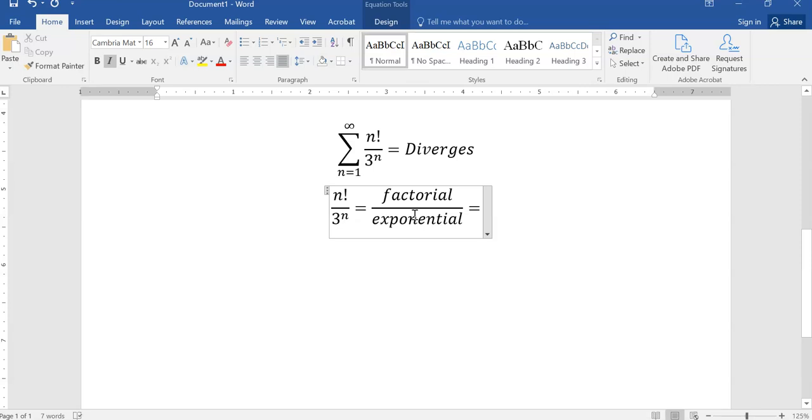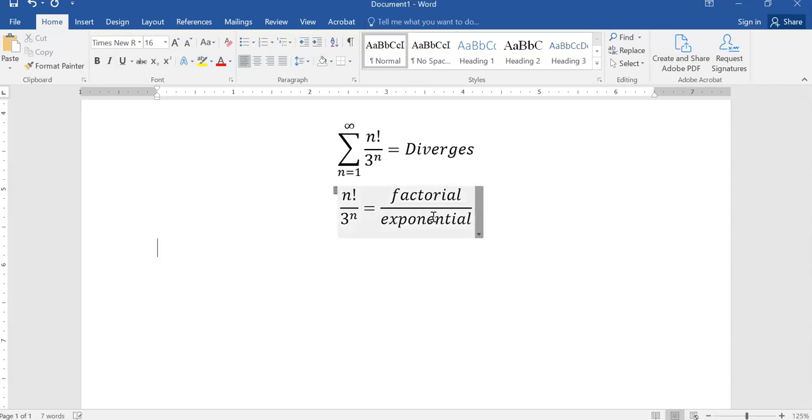What that means is as n gets really, really big, this top growth is going to be growing so fast that it's going to make the bottom growth look like it's standing still. So the factorial is a faster order of growth. It's a different type of growth.